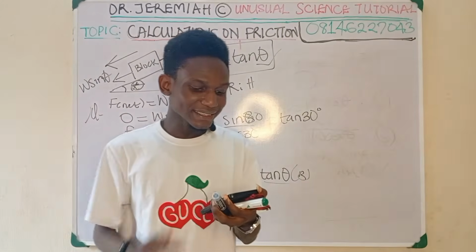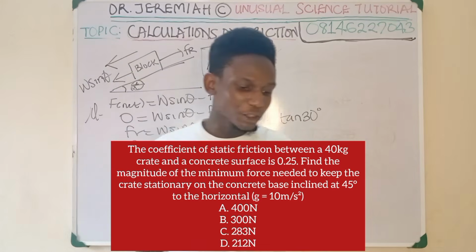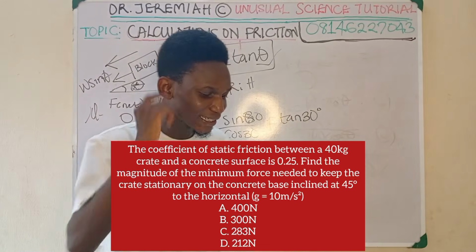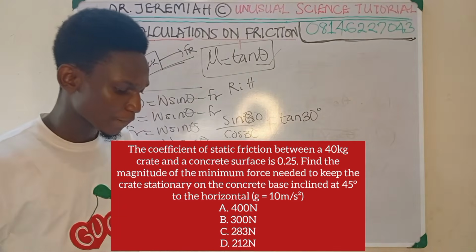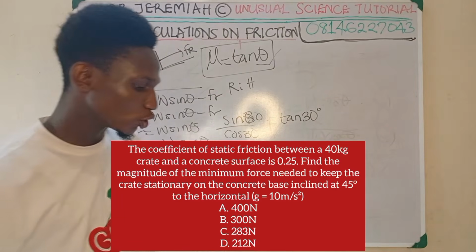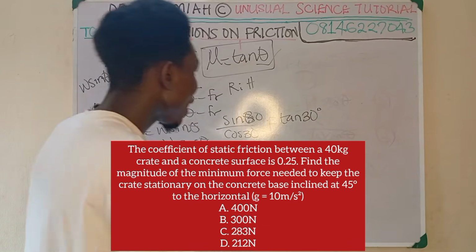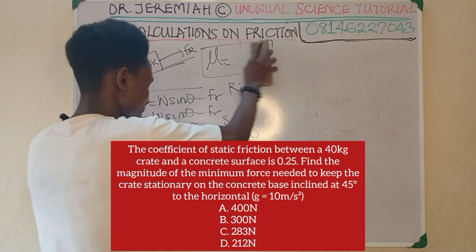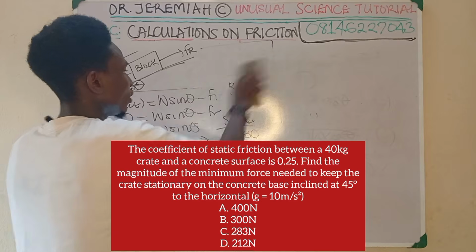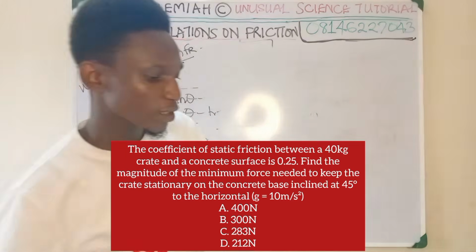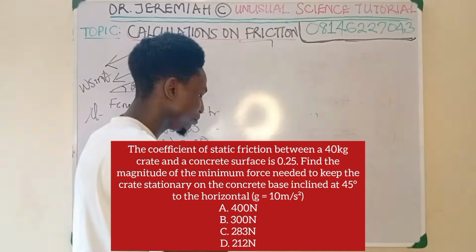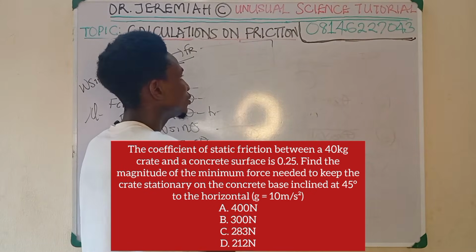So the next question here says the coefficient of static friction between a 4 kg crate and a concrete surface is 0.25. Find the magnitude of the minimum force required to keep the crate stationary on a concrete base inclined at 45 degrees to the horizontal.